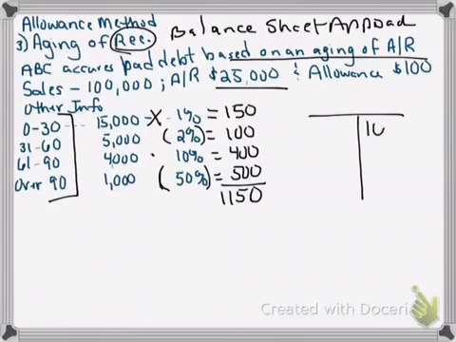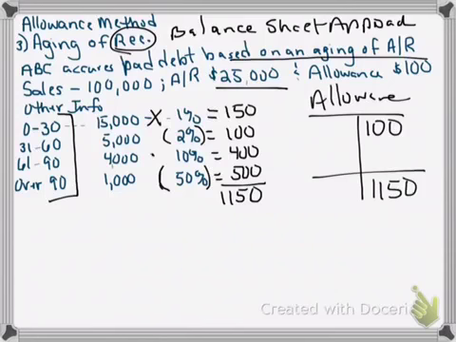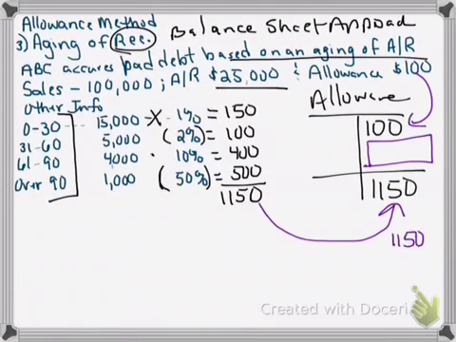Well, right now we have $1,000 sitting in our allowance account, and we need it to be $1,150. So we will need an amount here to give us that amount. And again, you see that balance came from there. So we would take the $1,150, subtract out the $100 we had, and that means our journal entry amount is going to be that $1,050.